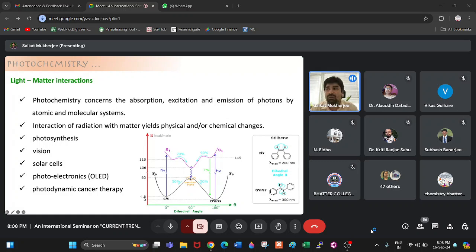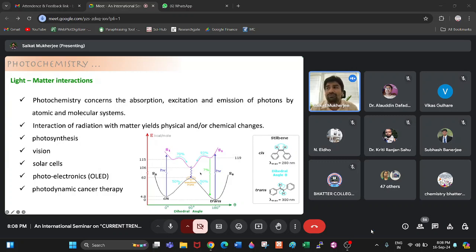But when you shine light on either cis or trans, your molecule is promoted to the higher excited electronic states, and then it comes down, and now the barrier height is no longer seen by the molecule from the excited states, and it can come down here or here.